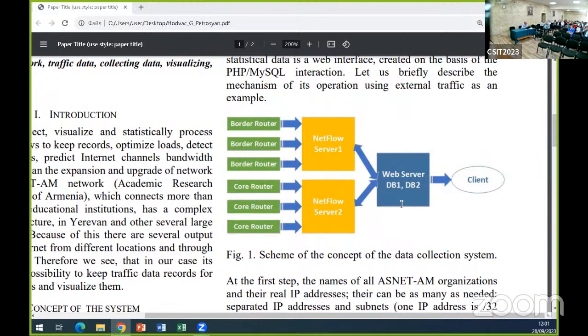For example, here we just see that it is the SNMP protocol. There are also many protocols for switches. We know that routers and switches are different devices, and each has its own parameters.